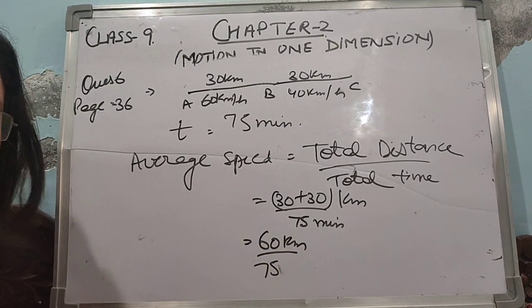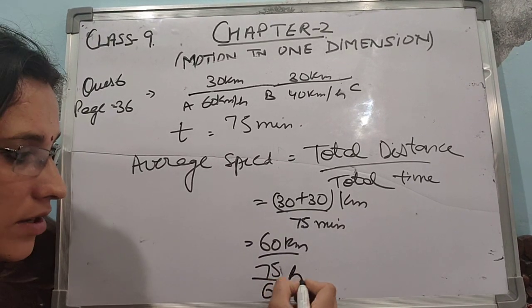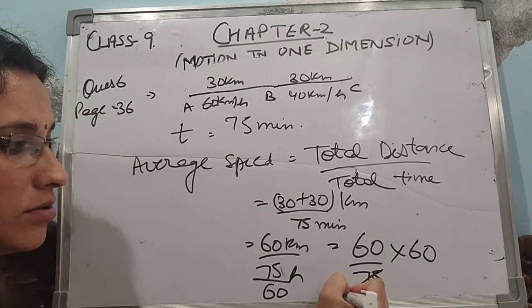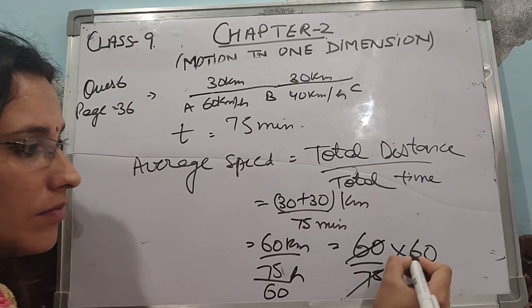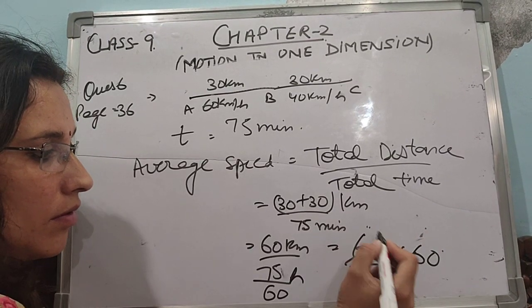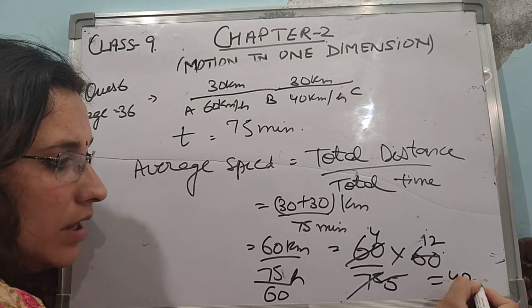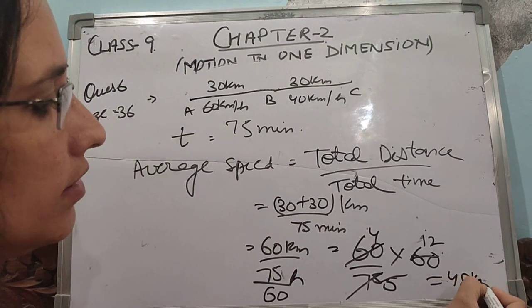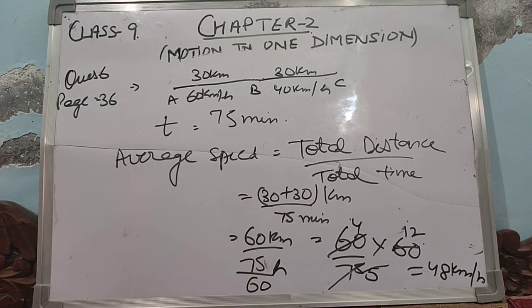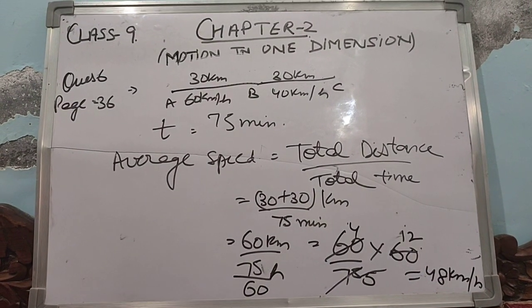To convert minutes into hours, I have to divide by 60. So it comes out to be 60 upon 75 by 60, and while solving, it comes out to be 48 kilometer per hour. So the average speed of the car is 48 kilometer per hour.